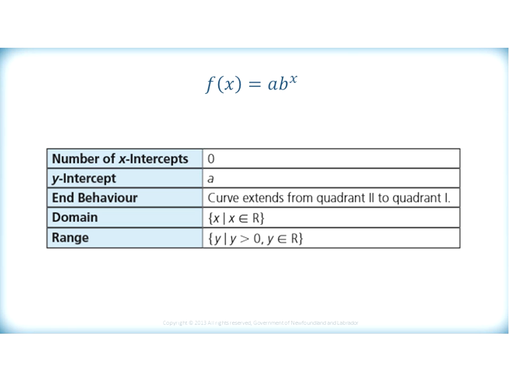Recall that we have an exponential function of the form f(x) = a times b to the power of x. The number of x-intercepts is 0. The y-intercept will always be a, which will be our initial value.